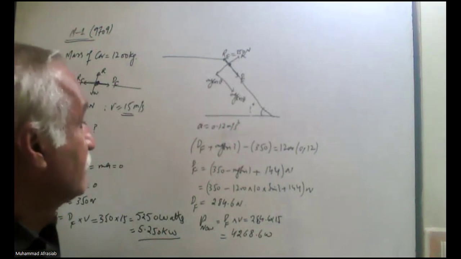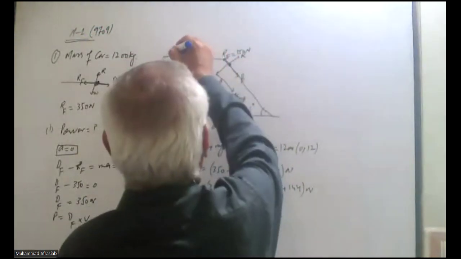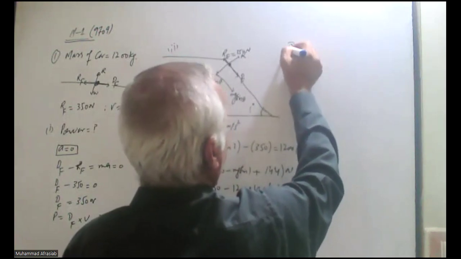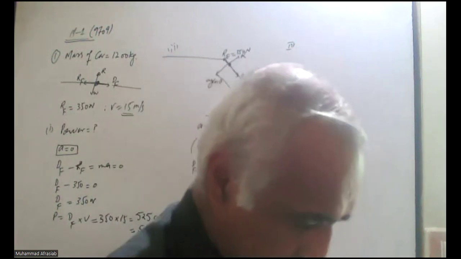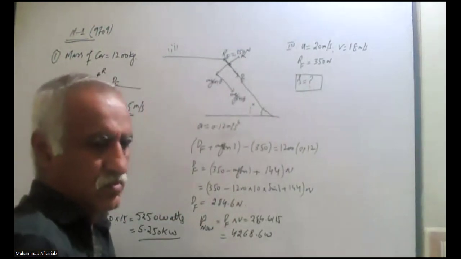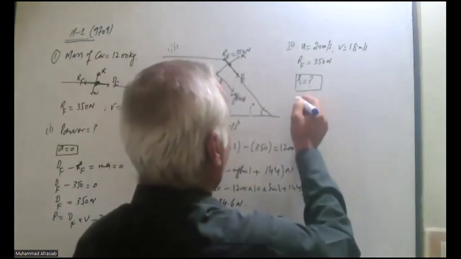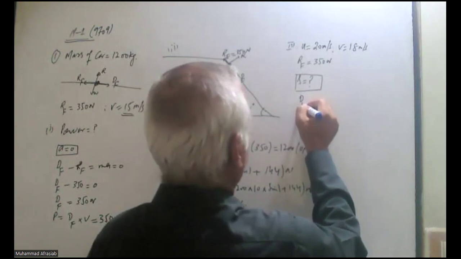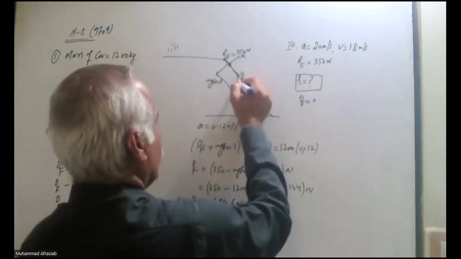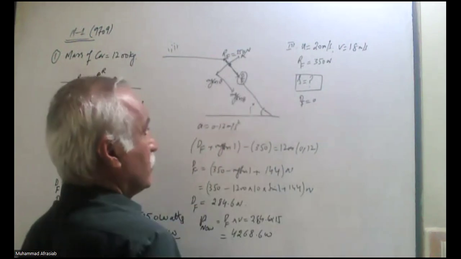The next part, the third part of this. Since the engine is off, there is no driving force. So that is equal to 0. So this force will become equal to 0.